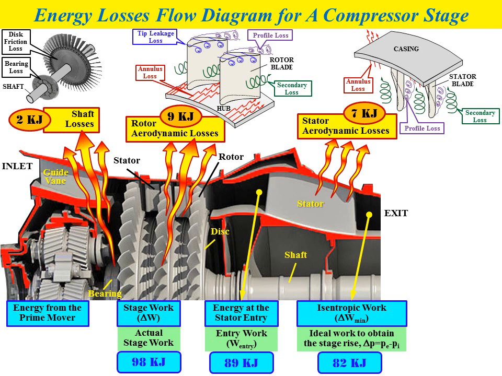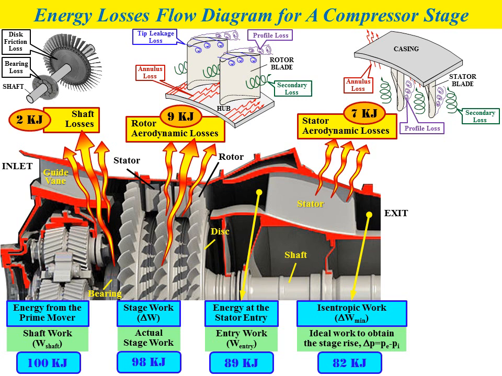So the overall energy that we need to supply to the compressor actually comes from the prime mover. The energy from the prime mover, or what we call shaft work, W shaft, that we need to supply to the compressor after we consider various types of losses is around 100 kilojoule.